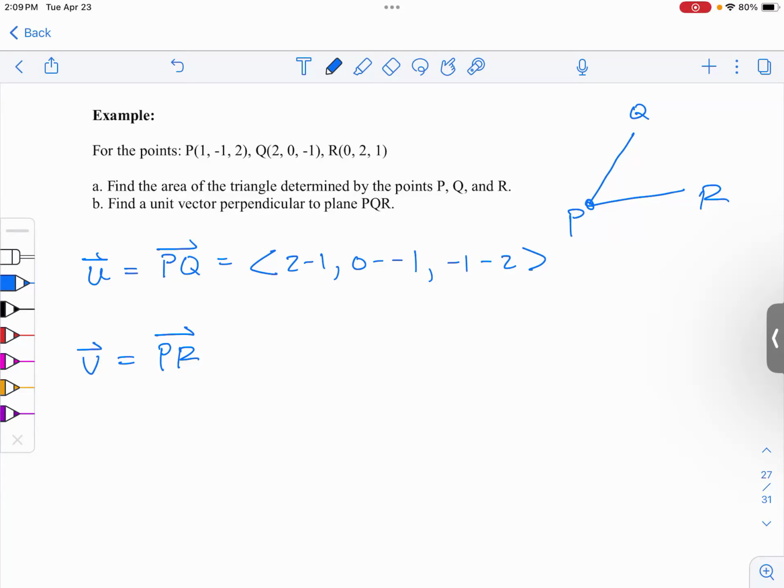All right, way too often I see this. Is the math that we're doing difficult? No, but these sign issues will crush you, okay? So just be careful. All right, so what do we end up with here? 1, 1, -3. And similarly for P to R. So 0 minus 1, 2 minus -1, 1 minus 2.